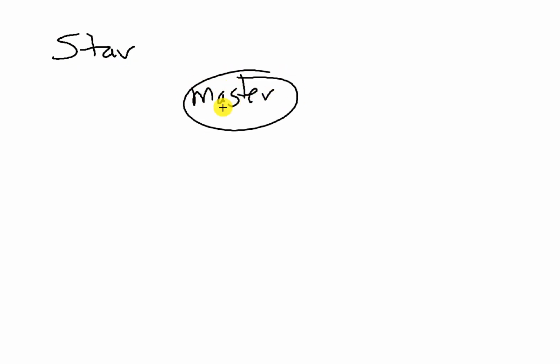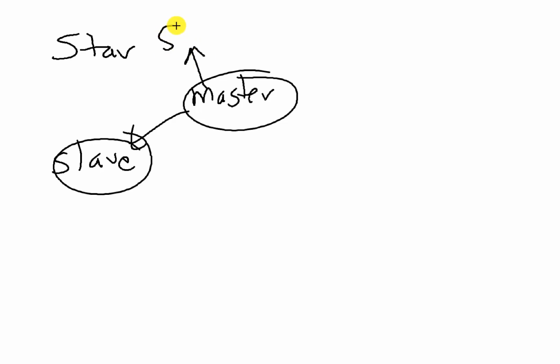The next one I want to talk about is star. With the star network, what we have is a single master, which can communicate with multiple slaves.